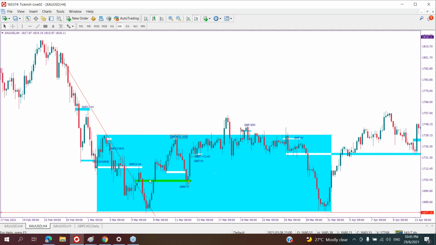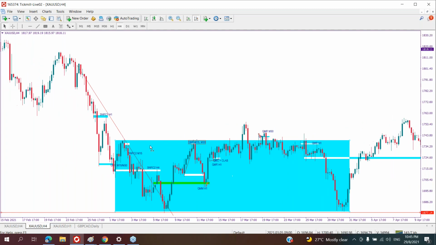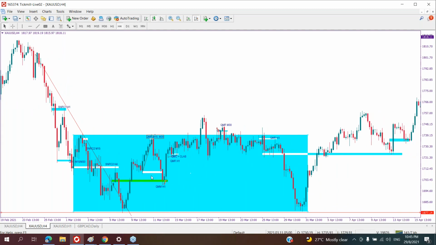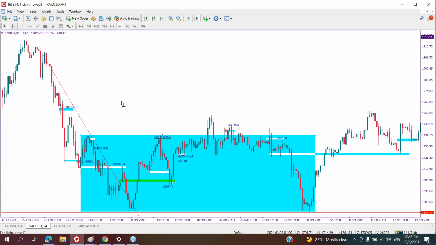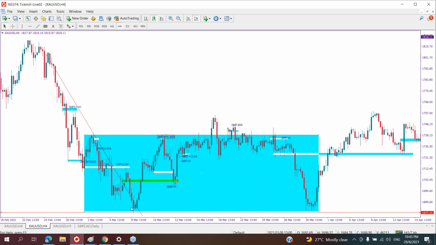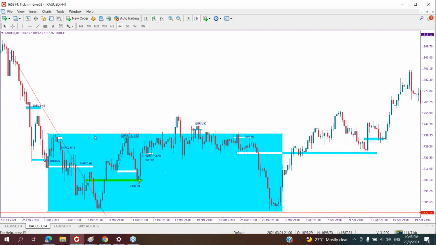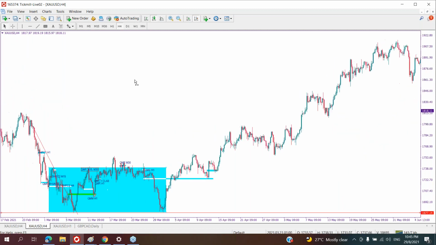Then suddenly price makes a little bit of setups, and price keeps on playing in this range. Price didn't break the previous low. So this is how I determine the sideways.